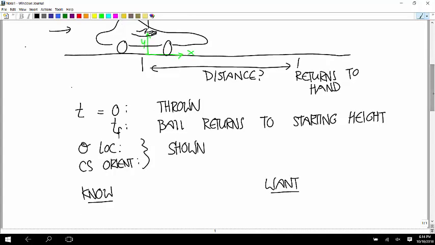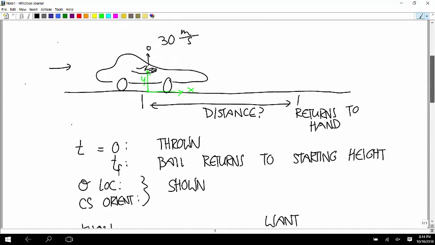Not really. About the origin, you could do it either way. The way I usually do it is put the origin on the ground, so we can do it that way.